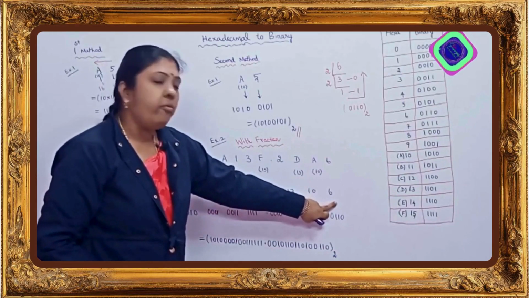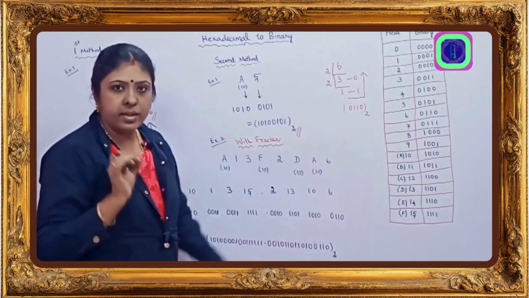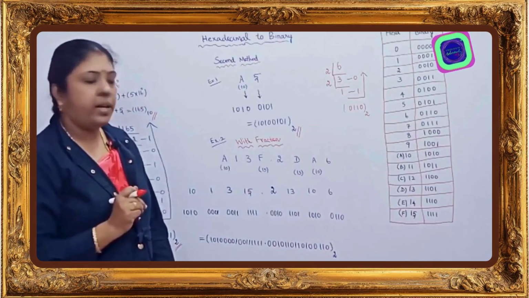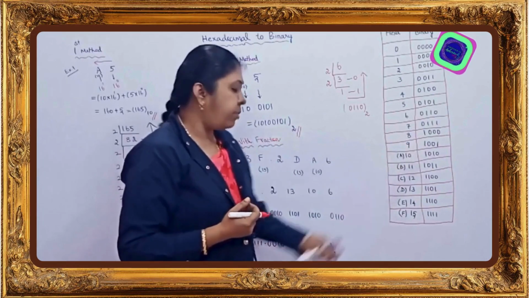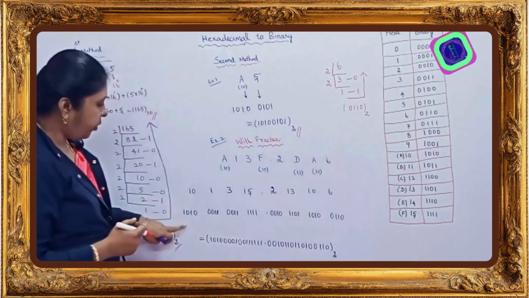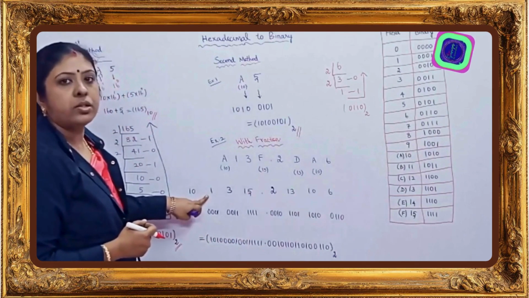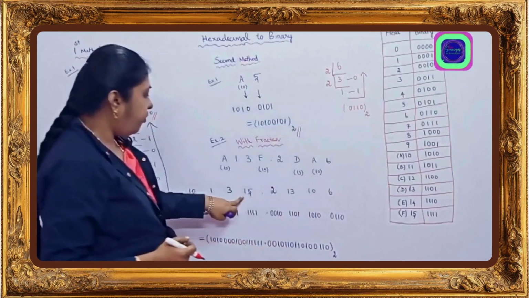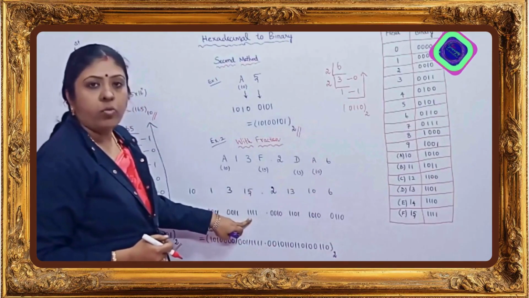The idea here is that for each hexadecimal digit, we have to write the 4-digit binary value. We can take it directly from the table and write it. For 10, 1010; for 1, 0001; for 3, 0011; for 15, 1111.